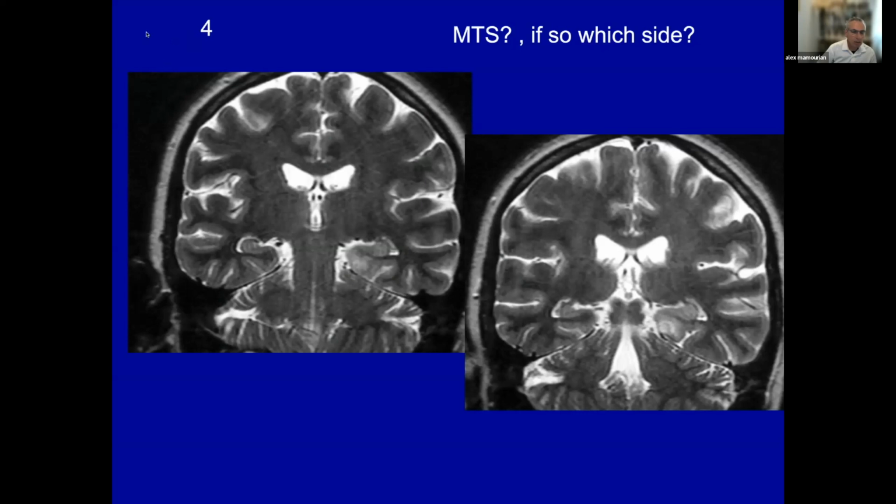I want you to look at these two images in this patient and decide if you think the patient has mesial temporal sclerosis and on which side. All right, very good.